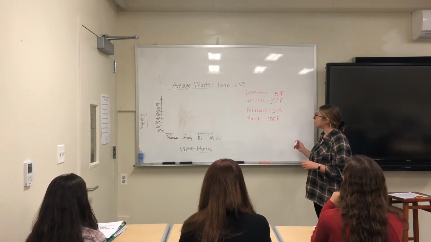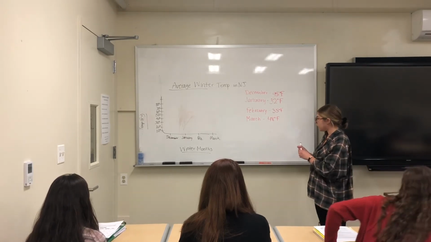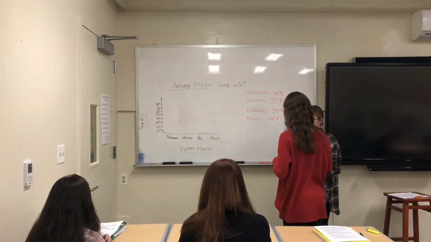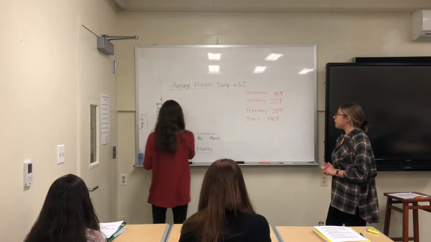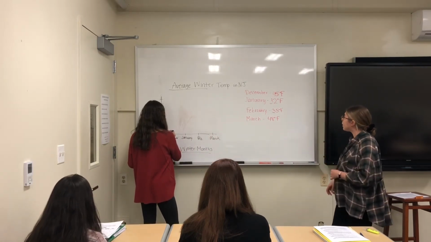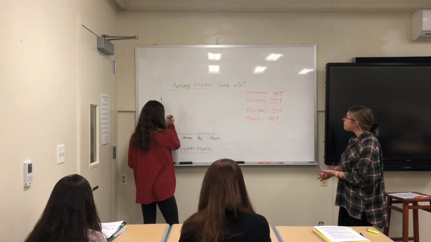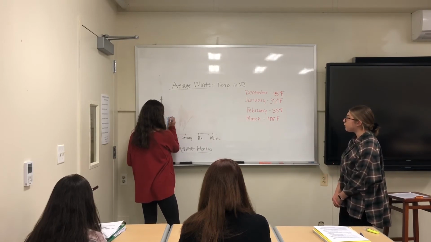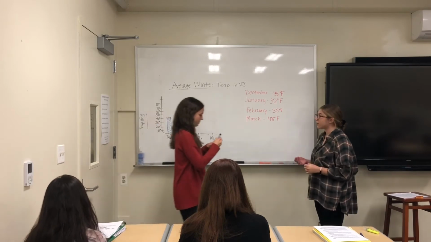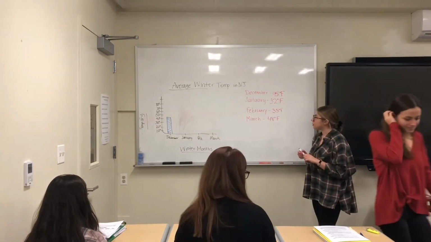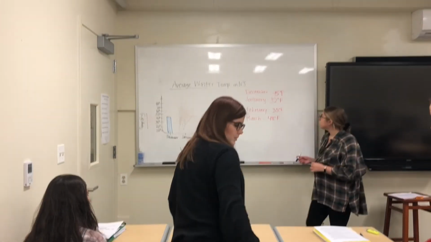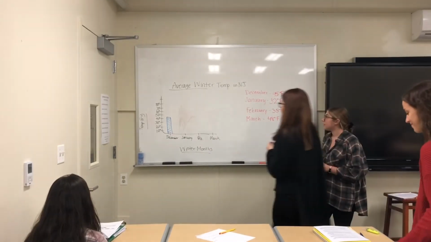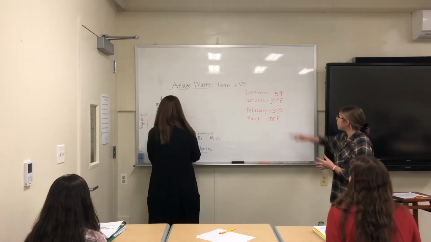So if Lauren could come on up and graph for us December's average temperature. And you're using bar graphs, so make sure it's a bar. You don't have to shade it in completely. Good, so Lauren shaded it right in between 40 and 50 because it's 45. Great. Leah, do you want to come up and do January? Great. Yeah, and we have our temperatures here.